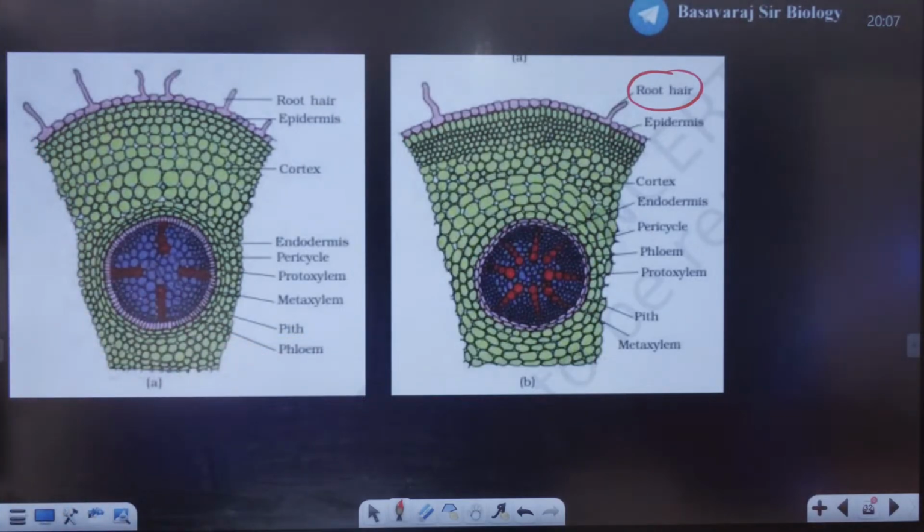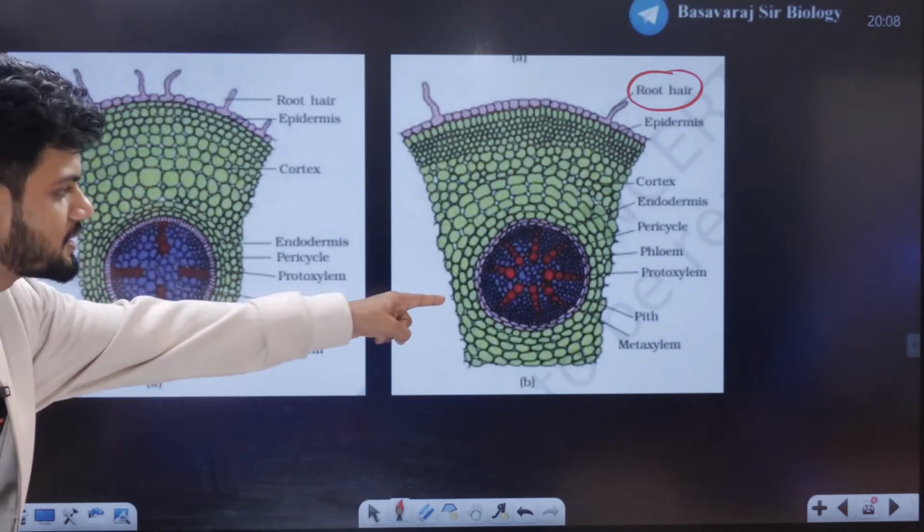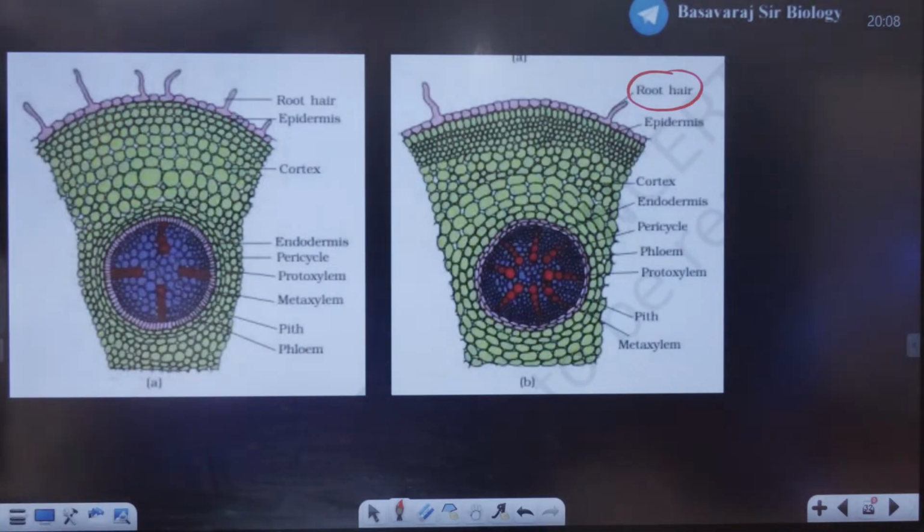I'll give you exactly 10 seconds. I'll tell you a small clue. The clue lies in the xylem and phloem bundles. Here there are only 4. Here we can see the polyarch condition.